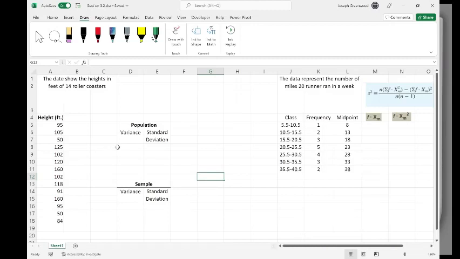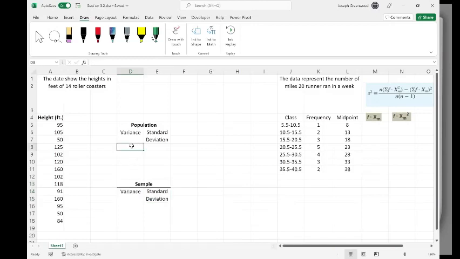Now notice right here, I have population variance and standard deviation, and I have sample standard deviation and variance. Because remember, the formulas differ just a little bit. They differ in the denominator, where in one you're dividing by the full population value, the other you're dividing by the sample size minus 1.